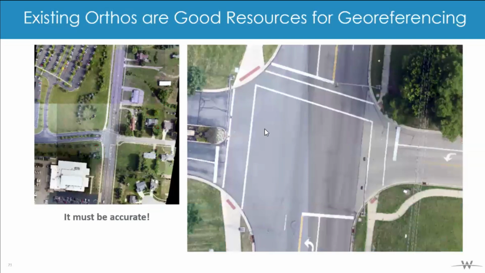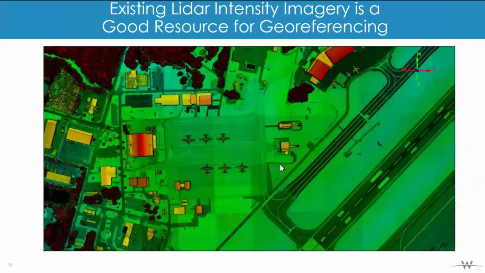Ortho for horizontal: if you have a very accurate ortho, with accuracy twice the accuracy of the ortho you are assessing, I can use it. And these are great features, for example, to extract second generation points for the testing. Intensity LiDAR, this is high density, like 30, 40 points per square meter, from Geiger mode.